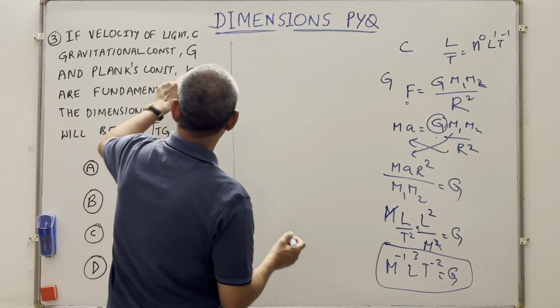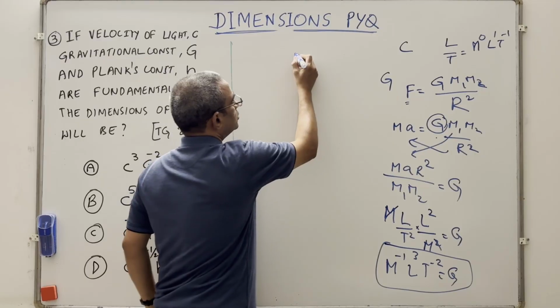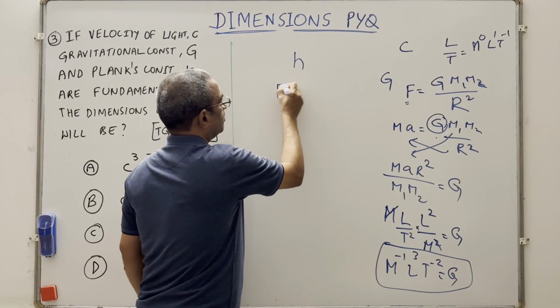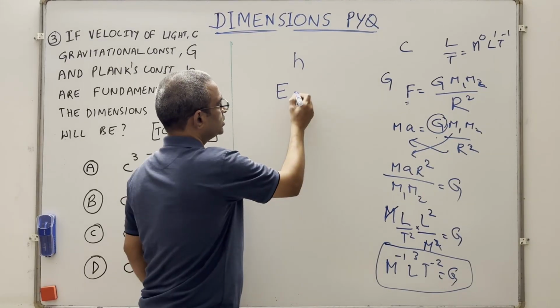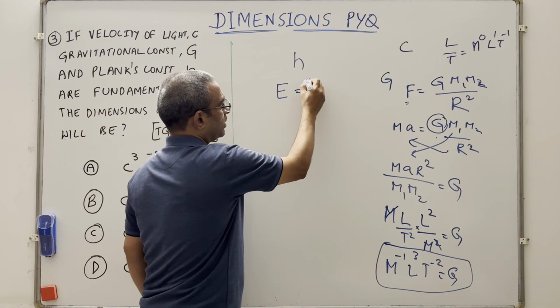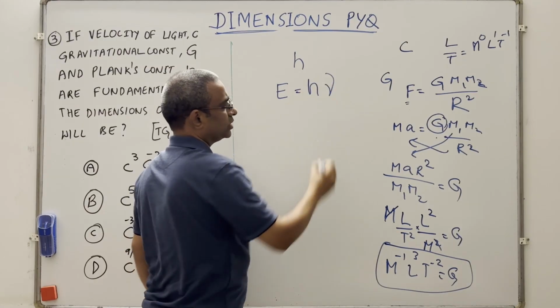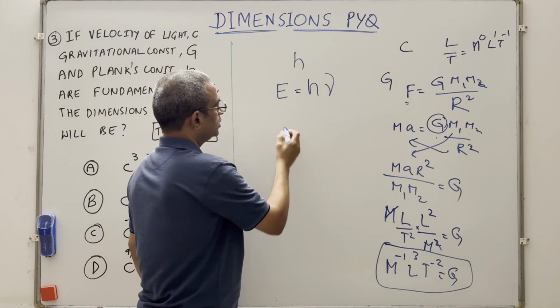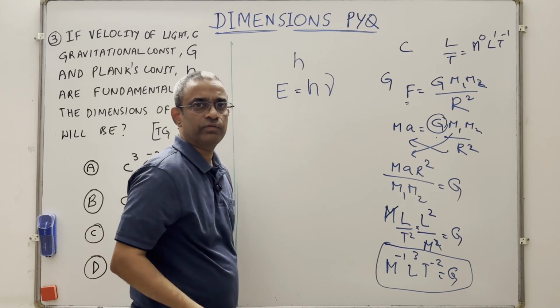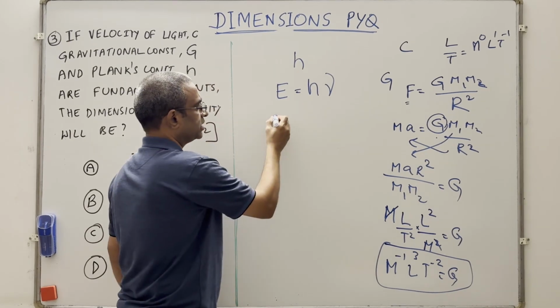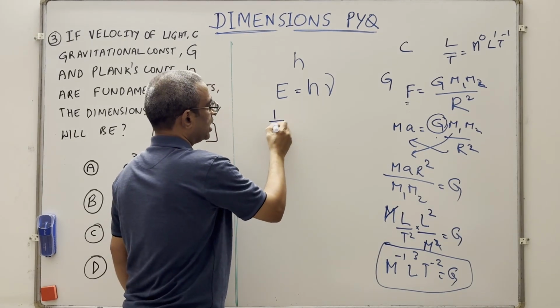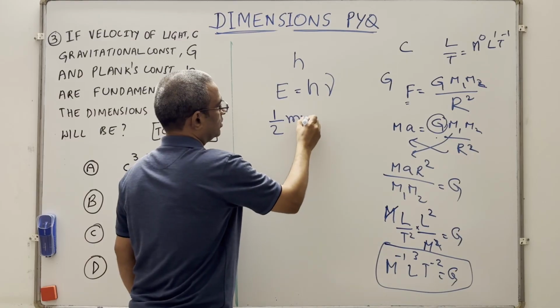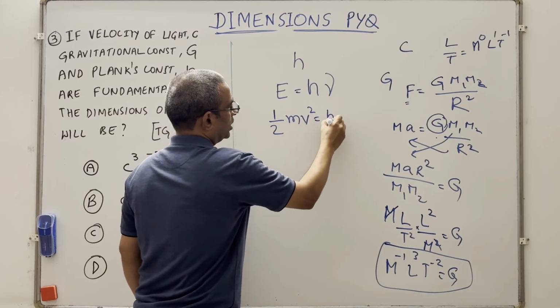Now we have Planck's constant h. The formula is given by the energy of a photon is Planck's constant into the frequency of the photon. Now energy, we can take any energy. Let us take kinetic energy for example. Half mv square is equal to h nu.